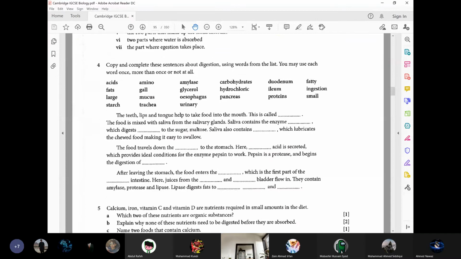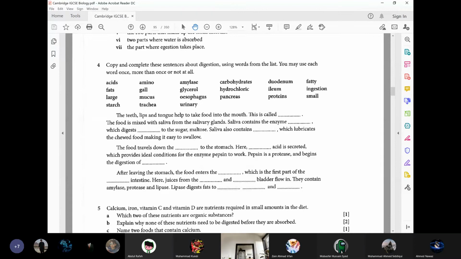Next, boys, copy and complete these sentences about digestion using words from the list. You may use each word once, more than once, or not at all. First one: the teeth, lips, and tongue help to take food into the mouth. This is called dash.